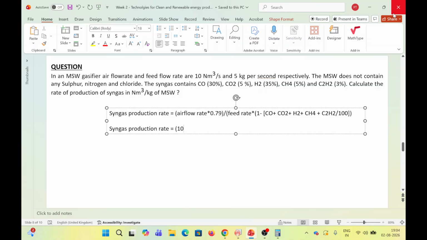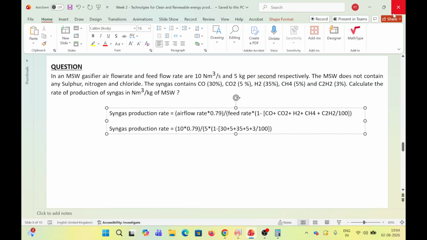I'm not going to put the units right now. So into 0.79 divided by feed rate, which is given as 5 kg per second. I'm going to keep it as 5 times 1 minus CO is 30 plus CO2 is 5 plus H2 is 35 plus CH4 is 5 plus C2H2 is 3, percentage divided by 100.